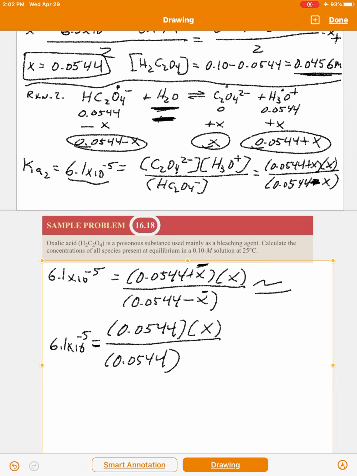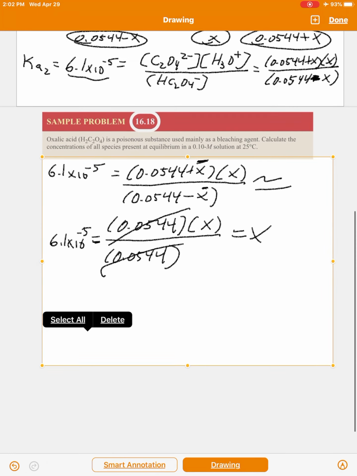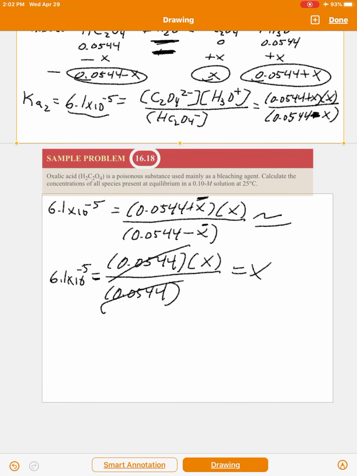Okay, now look what happens. Now we find that X is the only thing left. So that means X is that value right there. So now, for this second step, coming back over here, right, we got that right there. Now we can figure out what these are going to be.